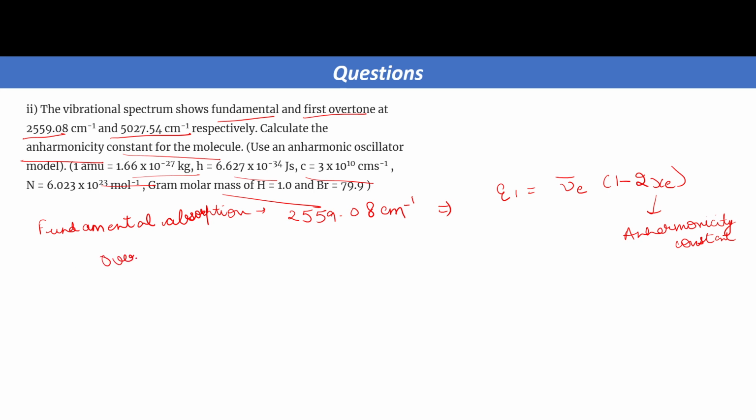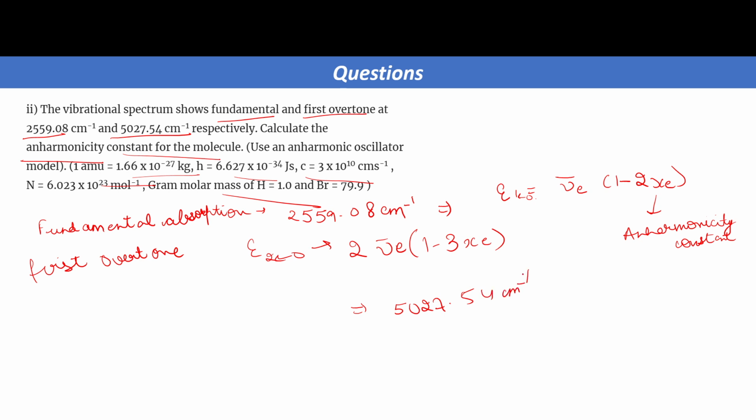Another for the first overtone. Here it is for 0 to 2, so we can simply write ν̃e (1 minus 3 Xe), and this value we know is 5027.54 centimeter inverse.